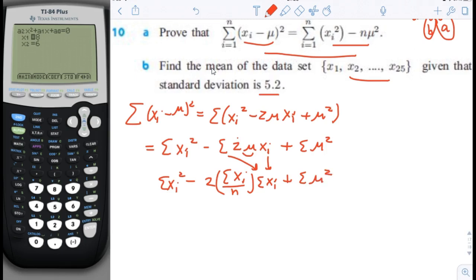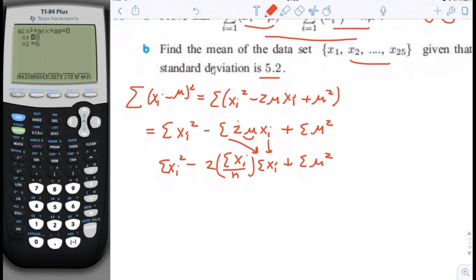So if I take this expression here and I multiply it by n over n, which is just 1, I could make this times this times n, right? So I've basically replaced sigma xi with sigma xi divided by n times n.